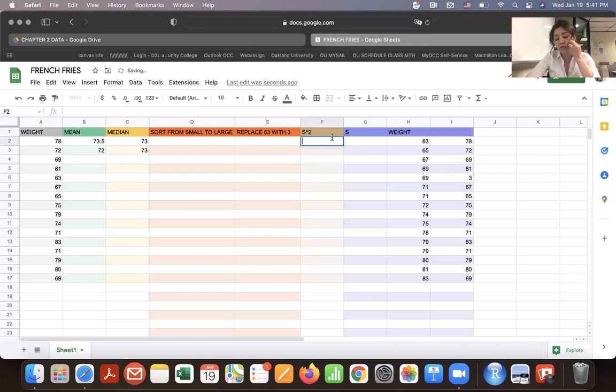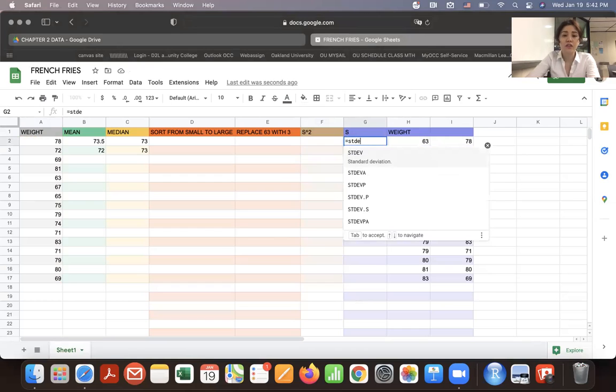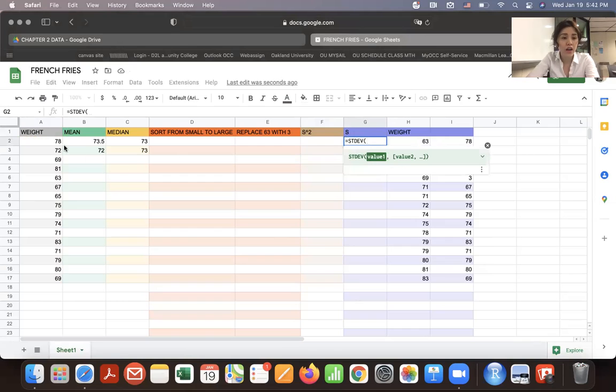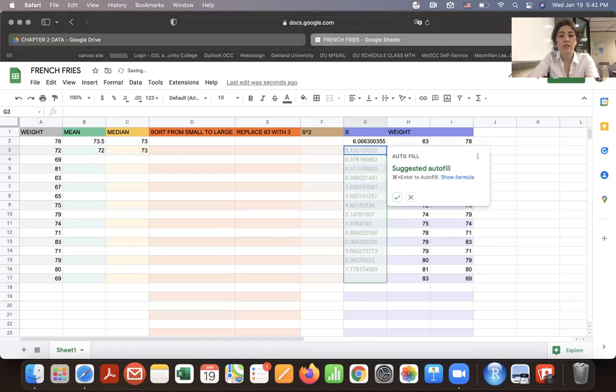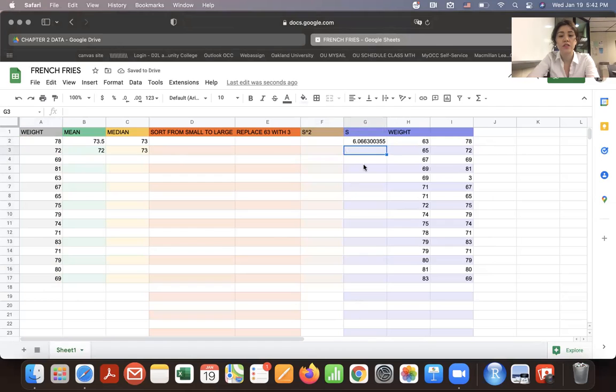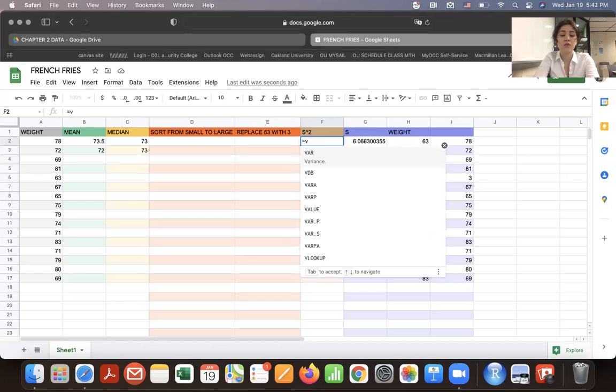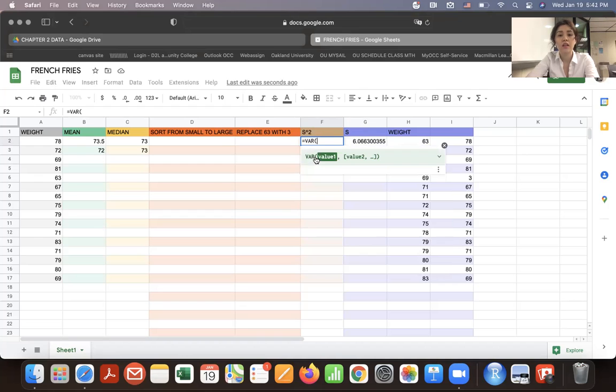So for standard deviation, it's just equals STDEV, and then you highlight the range, the gray column there, and press enter. Okay, so it's 6.060. For variance, the command is VAR, equals VAR for variance, and then same thing, highlight that range.